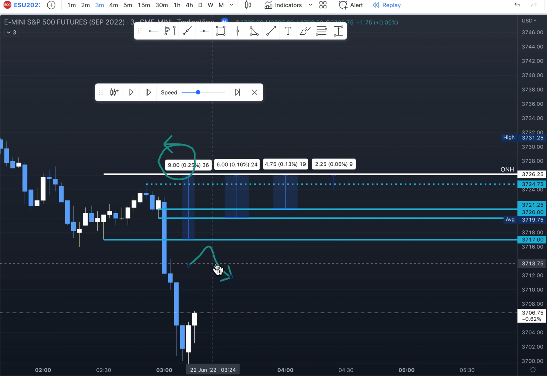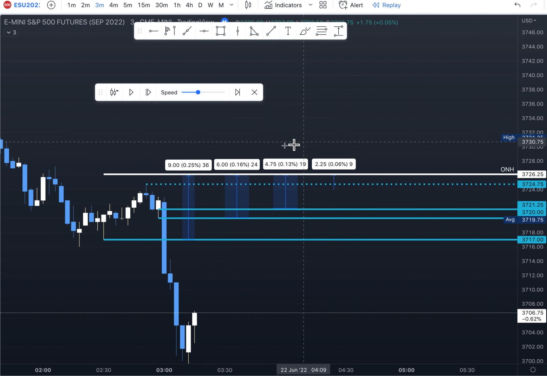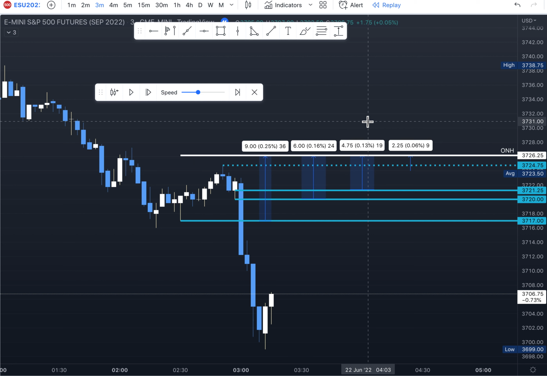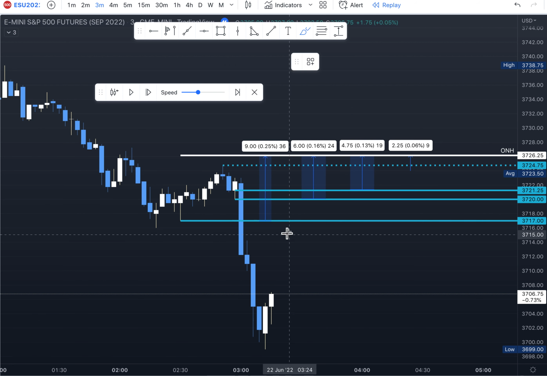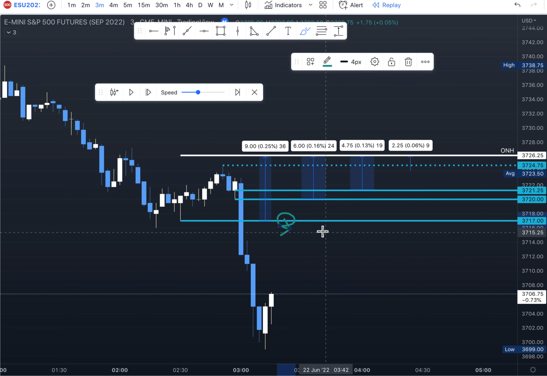Now I'm also wanting to be conscious of capital preservation, account preservation. So if I was to enter at this first level, I'm probably going to enter with 1 or 2 MESs, knowing that if price goes to here, I'm going to add 1 or 2 MESs.